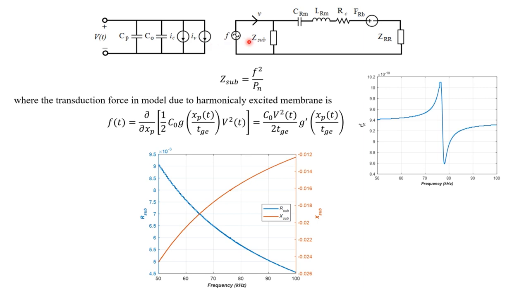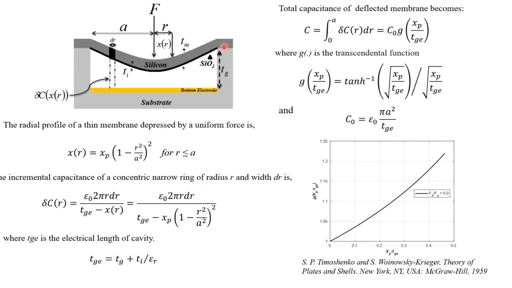So how do you evaluate the transduction force, which is the mechanical section part of the circuit? Well, you consider a harmonically excited membrane, which is not only making the membrane vibrate and radiate ultrasound into the front fluid medium, but it turns out that it also couples some energy back to the substrate, which is bonded to the silicon plate.